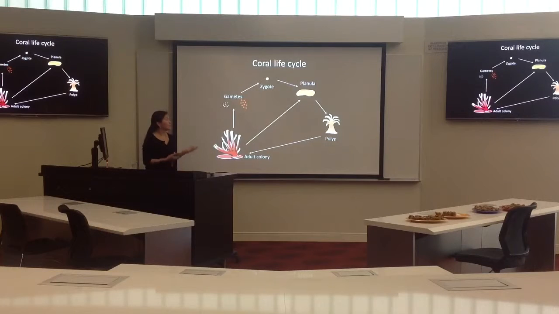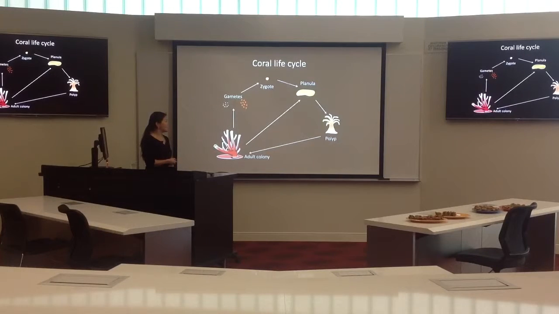And this is a general life cycle of a coral. Corals reproduce in two different ways. They either do broadcast spawning, which produces gametes, separate sperm and eggs, that then develop into a zygote that further develops into a planula larva, or they can brood their larvae directly.